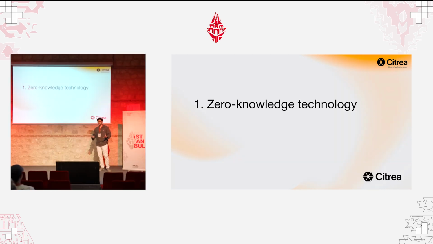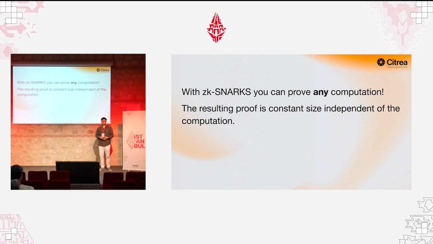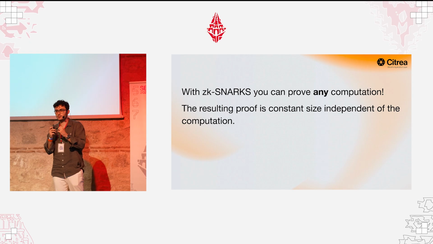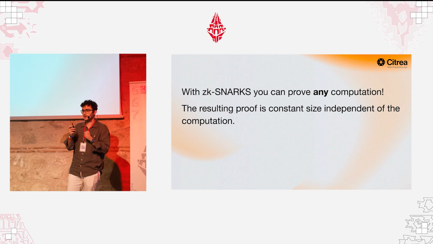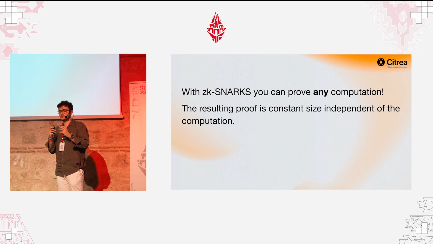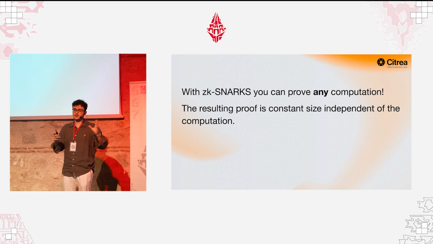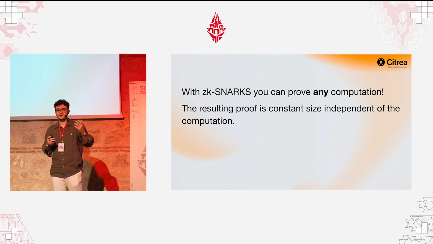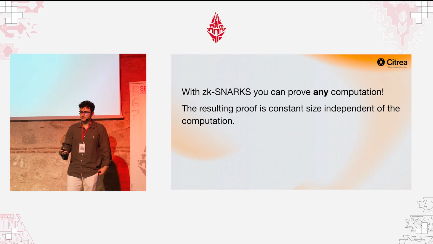So, zero knowledge technology. I talked about zkVMs being developed much more now, but just to go through how it works, a zk proof is a small cryptographically verifiable piece of data that any verifier can take and verify in constant time or sometimes logarithmic time, independent of the size of the computation.